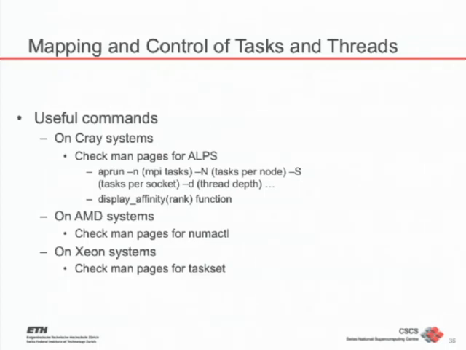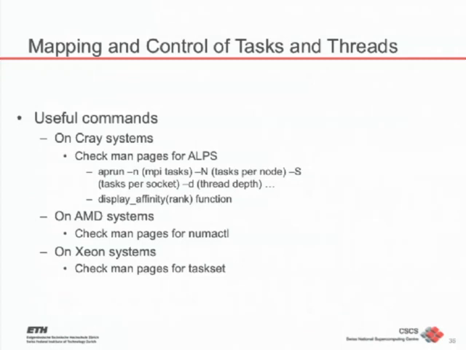The other thing is mapping and control of those tasks and threads. So we have, for aprun, N to say the number of tasks, S can say the tasks per socket. Actually, that's not what it is. Minus capital S is saying the tasks per NUMA node. And the thread depth. And then there's a function display affinity as well.